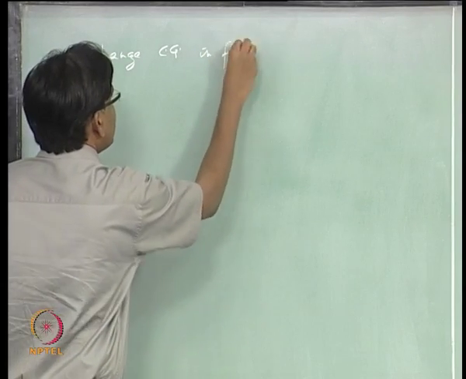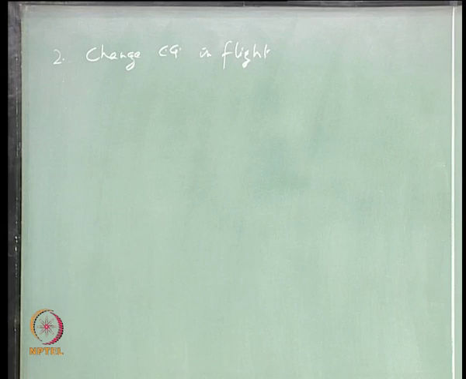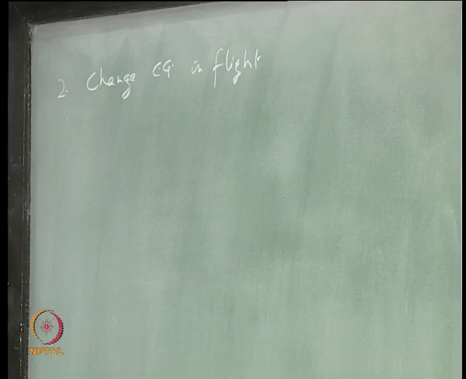And this you have to do in flight, because we are trying to change the trim condition in flight. Okay. But that is going to have an effect on the stability characteristic, right, both of them actually. Would you want to do that?